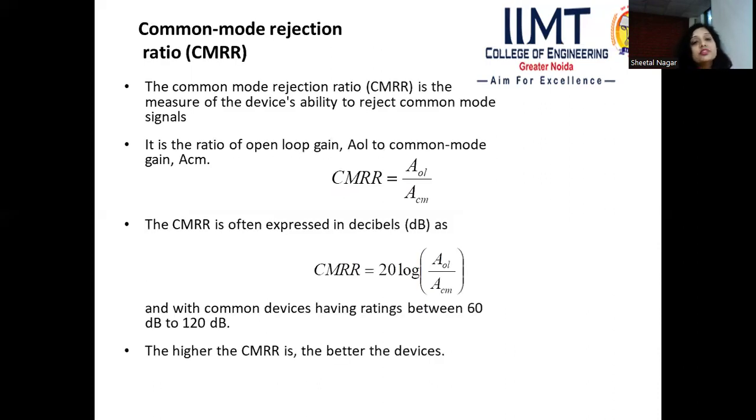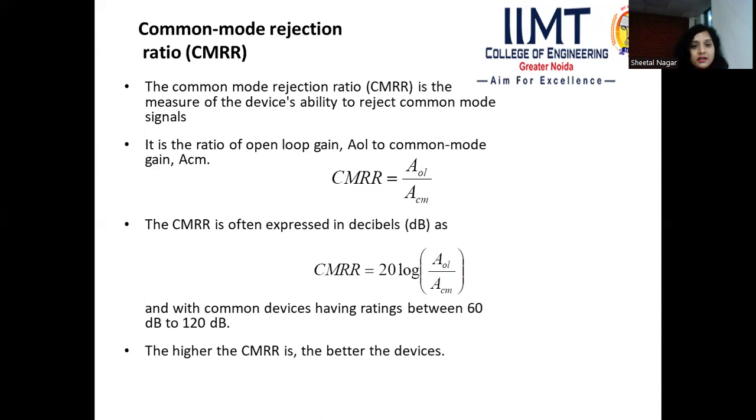Now, the most important parameter of the operational amplifier is the common mode rejection ratio, CMRR. The common mode rejection ratio is the measure of the device's ability to reject common mode signals. It is the ratio of open loop gain, AOL, to common mode gain, which is represented by ACM. Hence, CMRR is equal to AOL divided by ACM.